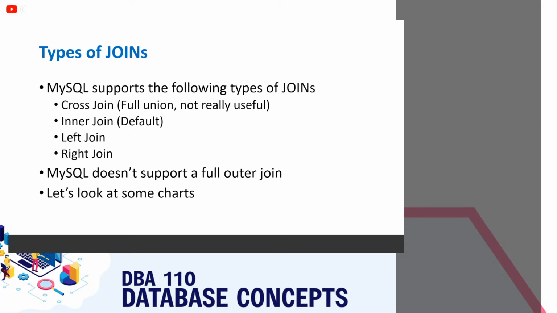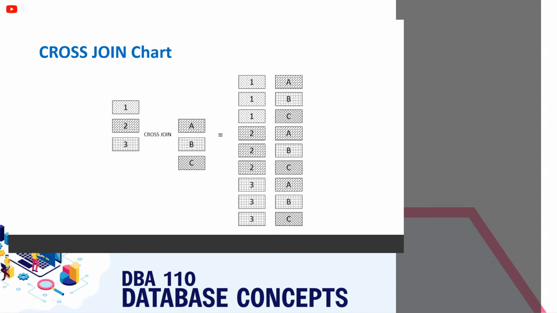Because it kind of mixes up and jumbles up the data. The inner join, which is the default, which is the most used. The left join and the right join. And we'll see some examples of some of these as we progress here. So, let's look at an example of a cross join here.